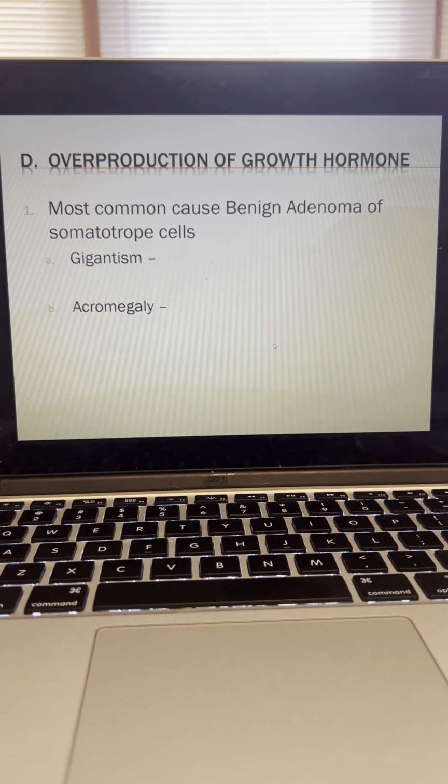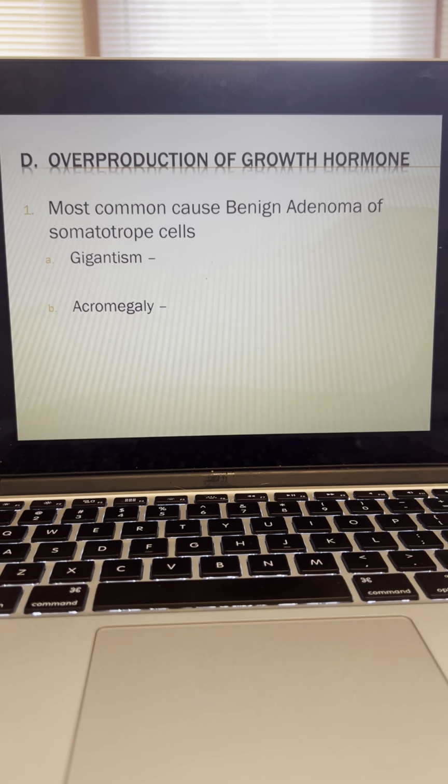Gigantism is before those seals close, or after those seals close, before the seals close, excuse me, I'll get it right. I have a 50-50 chance I'll get it right, don't I? It causes excessive skeletal growth and soft tissue growth in children, up until the time of puberty.